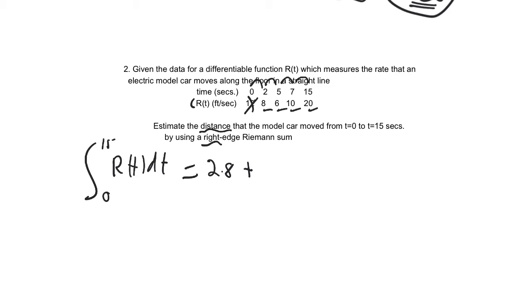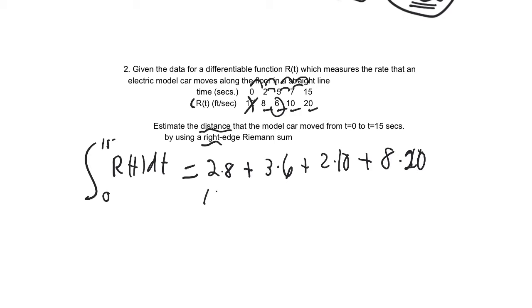And then the next rectangle has a width of 3 and a height of 6. The next rectangle has a width of 2 and a height of the right edge of 10. And the very last rectangle has a width of 8 and a height of 20.